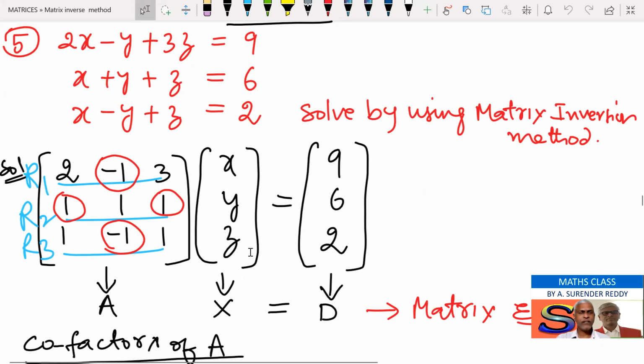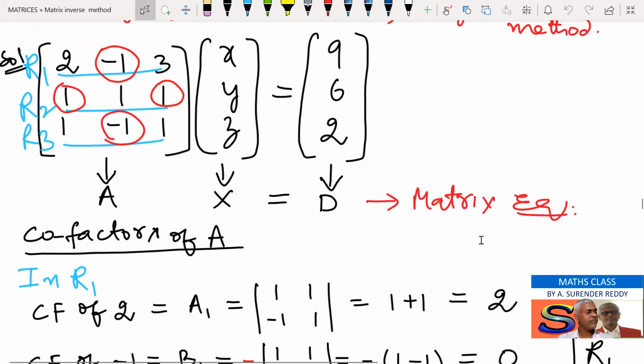And x, y, z is the variable matrix. Let us call it as capital X. And 9, 6, 2, the constant matrix, let us call it as D. So A into X is equal to D is the matrix equation. This is called matrix equation.